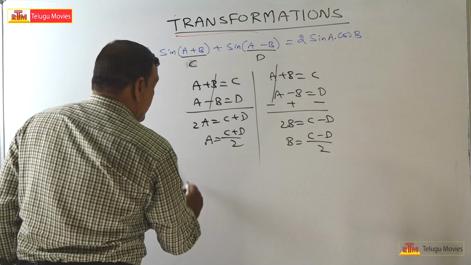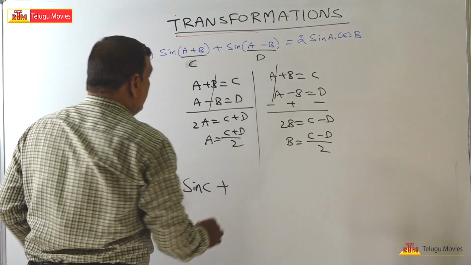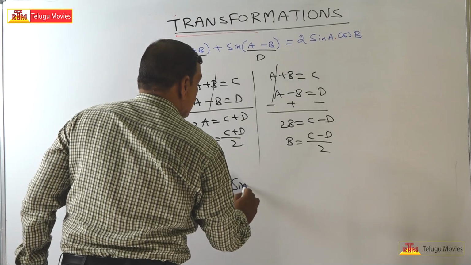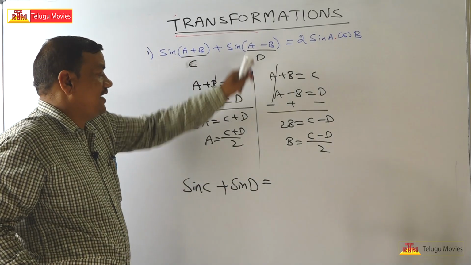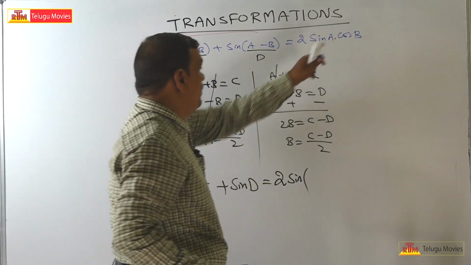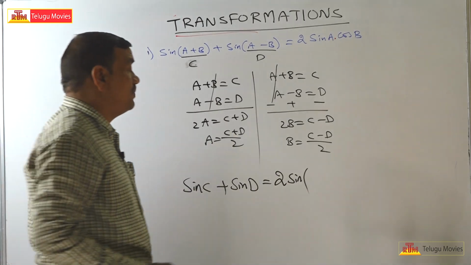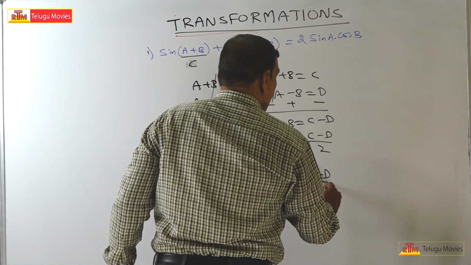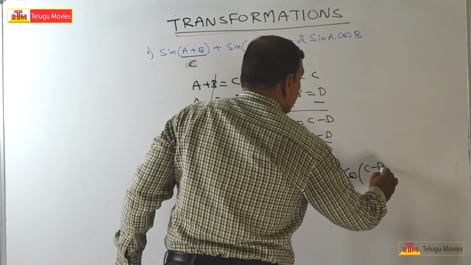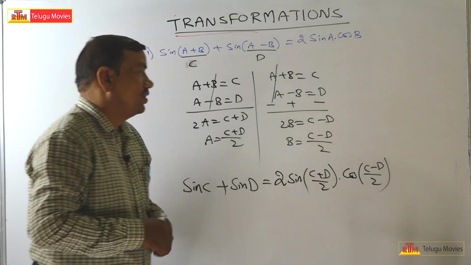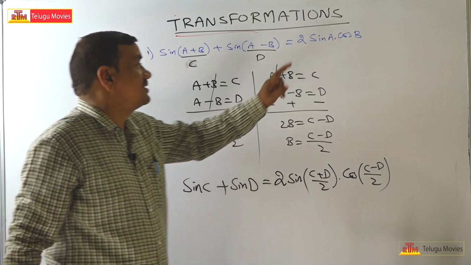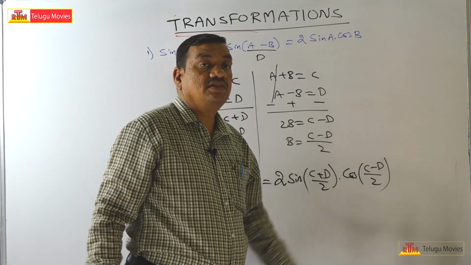Now your formula is: in place of A plus B, I wrote C, so sin C plus sin D is equal to 2 sin, in place of A write C plus D by 2, and in place of B write C minus D by 2.